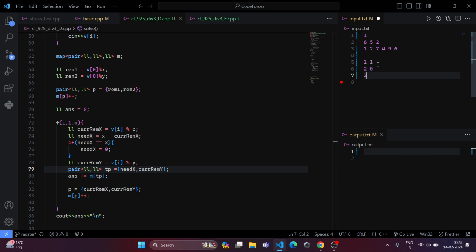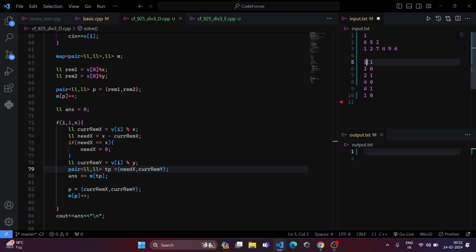For 7 it will be 2 and 1, for 4 it will be 4 and 0, for 9 it will be 4 and 1, and for 6 it will be 1 and 0.